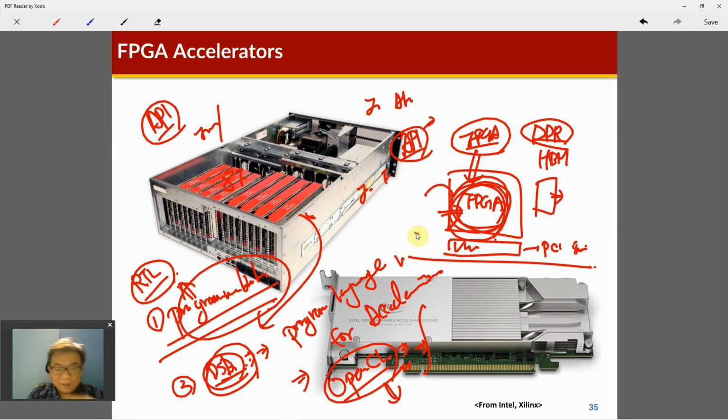Okay, so that's very interesting. But the learning curve is so steep.